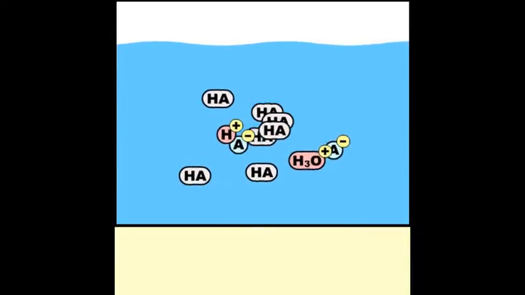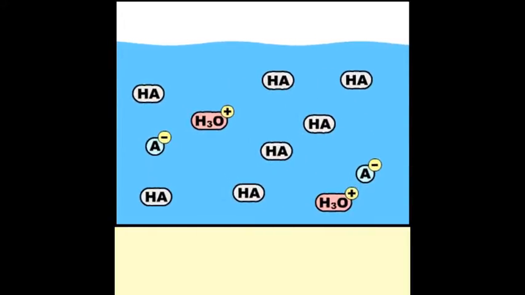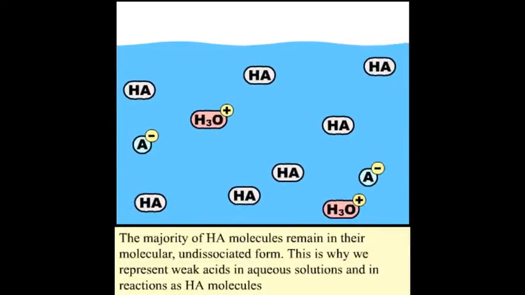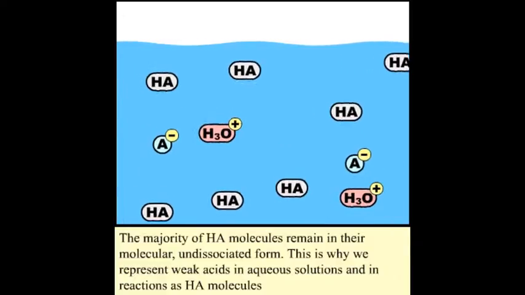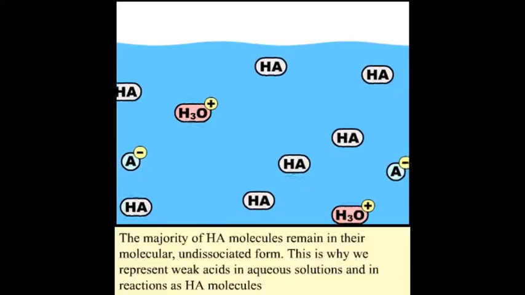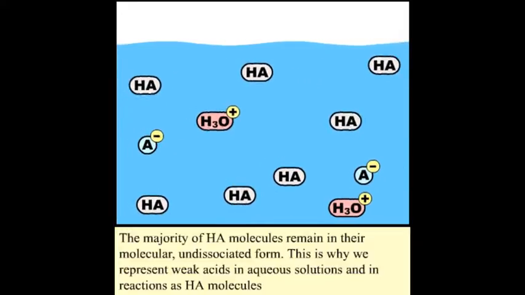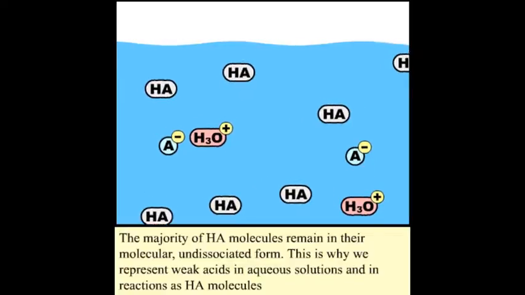But as it's a weak acid, very little of it dissociates into the hydronium ion and the counter anion. So most of the acid is still in the undissociated form and has not contributed as significant a number of hydronium ions compared to the strong acid.